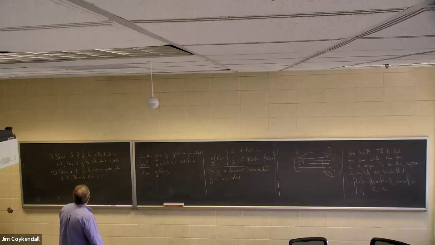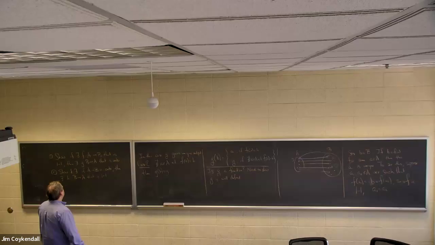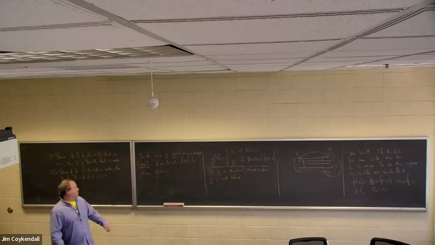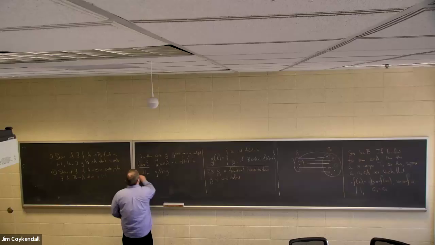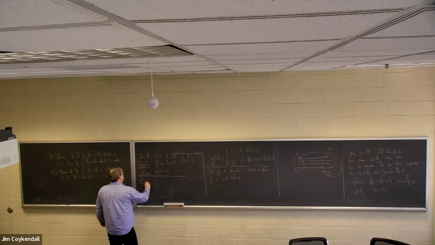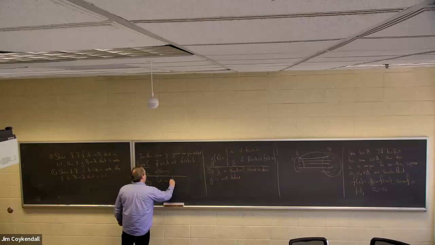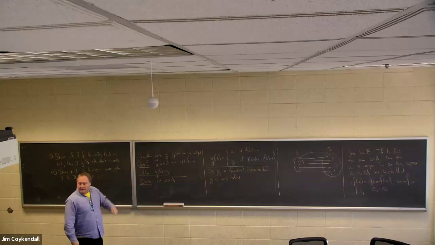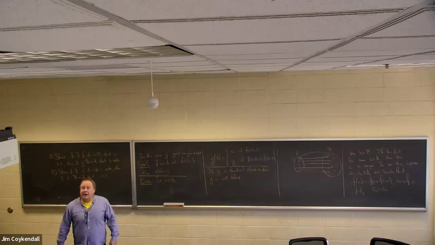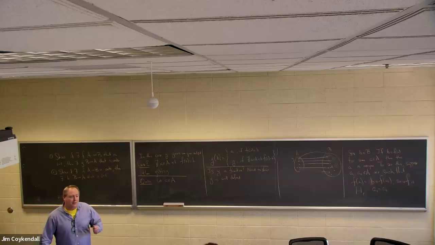And is this function also onto? Certainly, because we hit everything in A. So we need to find something in B that G takes to A. What is that?